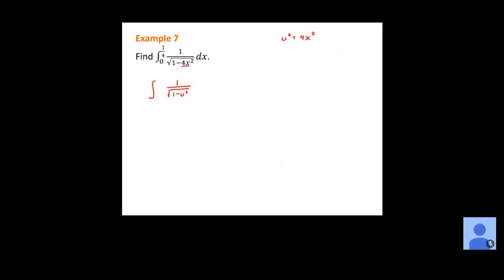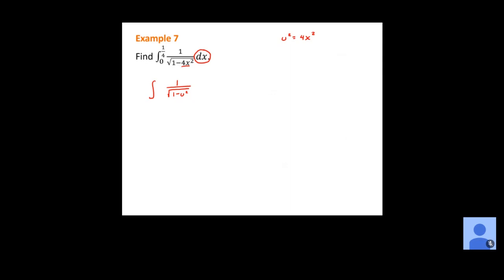Okay, we can rewrite our limits, and we also need to replace what, though? The dx, right? It doesn't just become du, though, right? So we're going to have to come over here and do some work to figure out what dx is actually equal to, right? So don't just assume it's going to go straight to du.